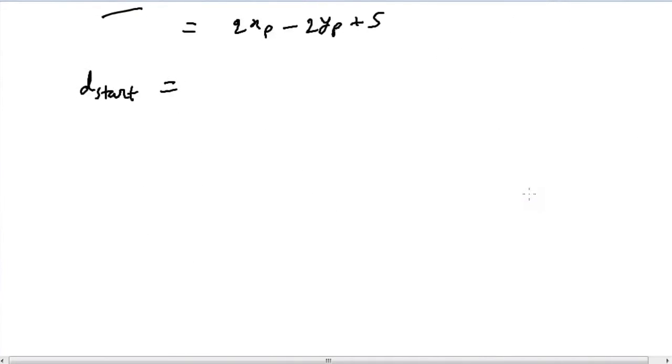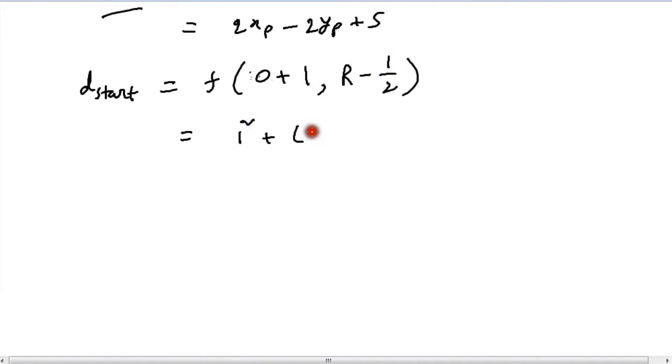So, our initial midpoint would be f of x0, which is simply 0, plus 1, and yp minus half, which is r minus half in this case, because y equals r in our initial state. This gives us 1 square plus r minus half square minus r square. Calculate this, you'll get 5 by 4 minus r.